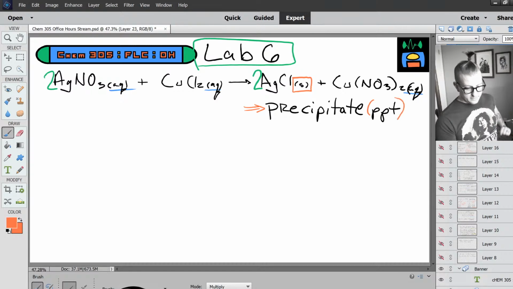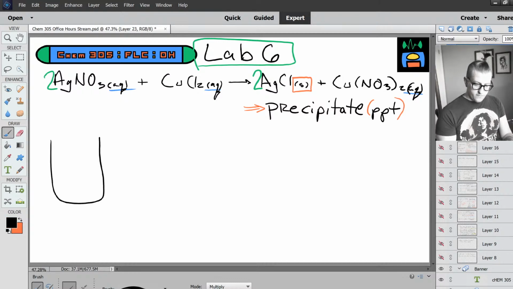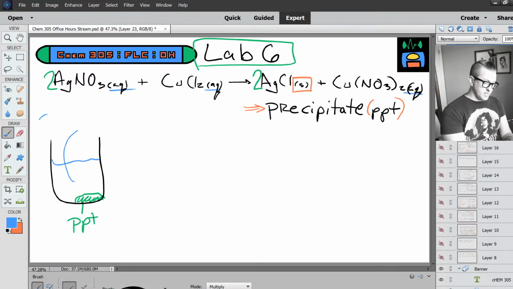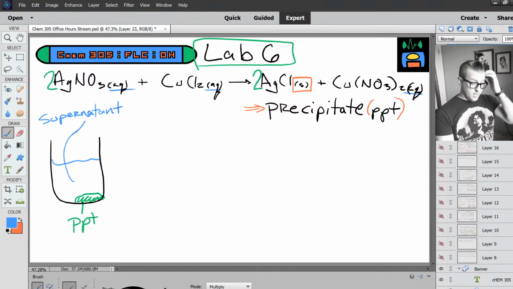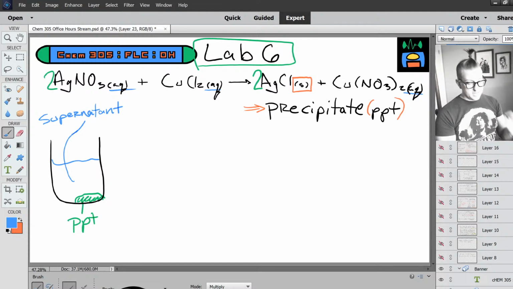When you form the precipitate, you've got your solution and your solid clump on the bottom. This is the precipitate, and as we mentioned earlier, the solution floating above is called the supernatant. So precipitate, supernatant.